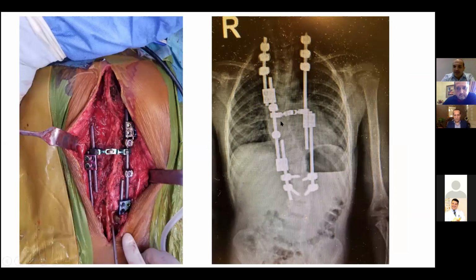Then we look at the apex, which is at this curve. If we say this is 12, 11, 10, I think this is 9. So we put a screw above and below the wedged vertebra at the apex, just to control the rotation and to control the growth without any fusion. And we put hooks on the clavicle just to control it.